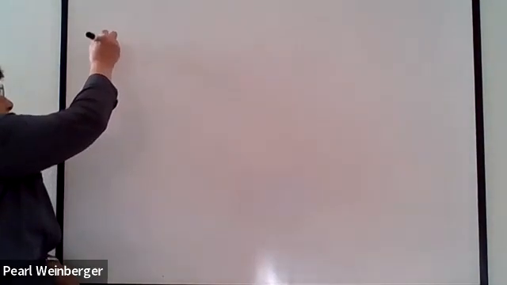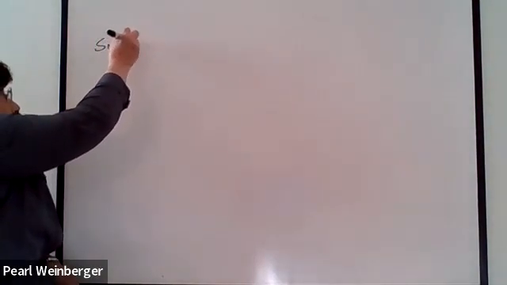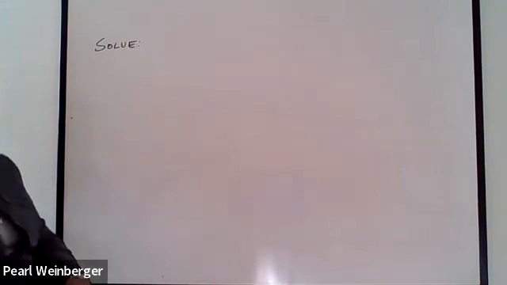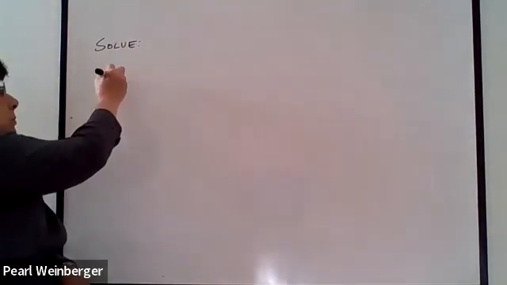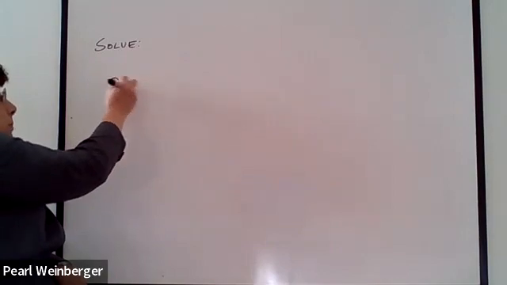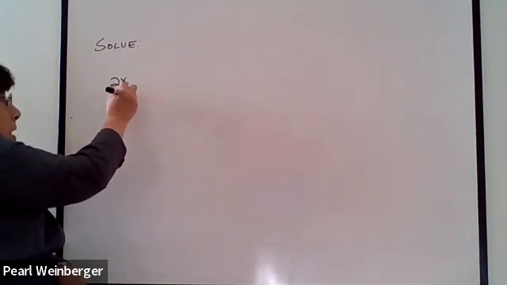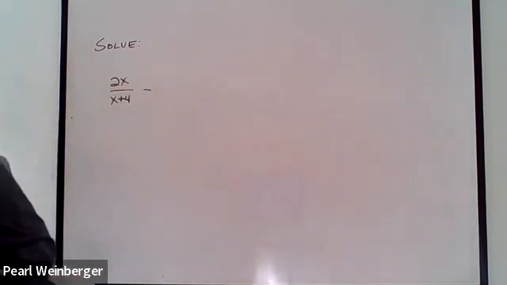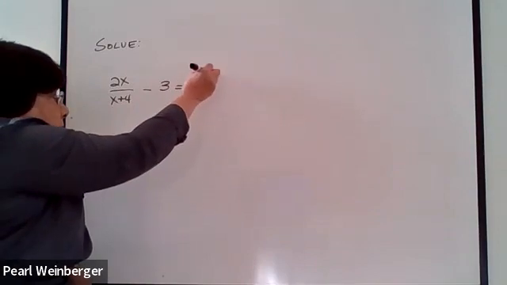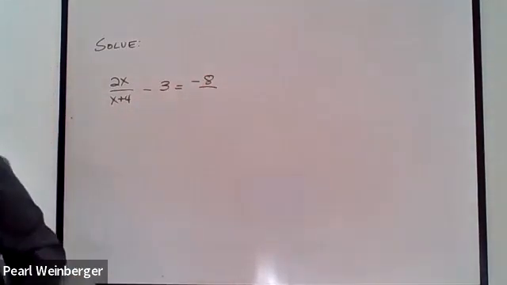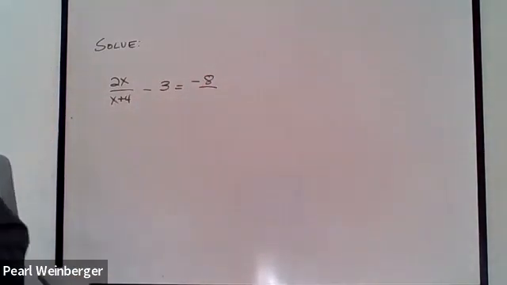I'm asking you to solve this equation, and we've got to get a value for x. It's 2x over x plus 4, minus 3, equals -8 over x plus 4.